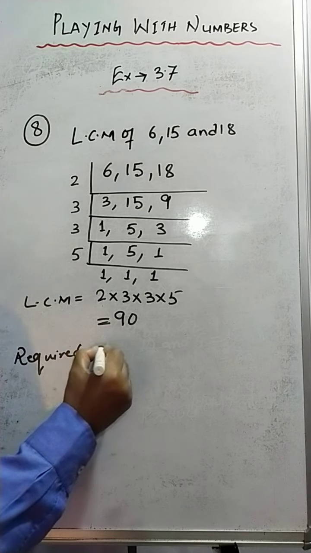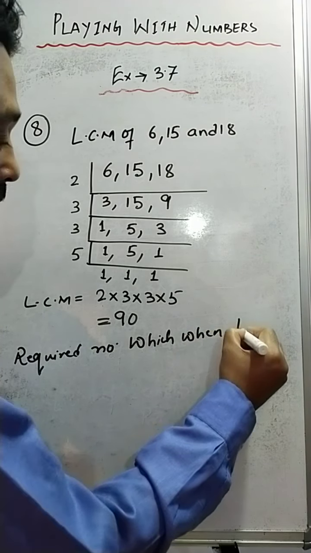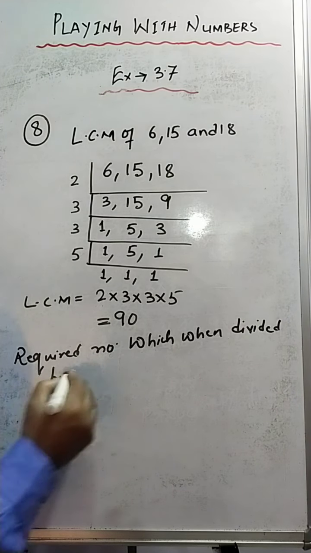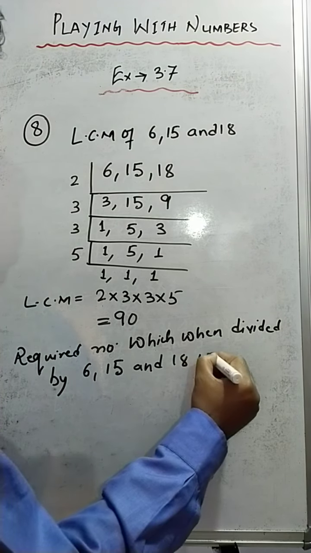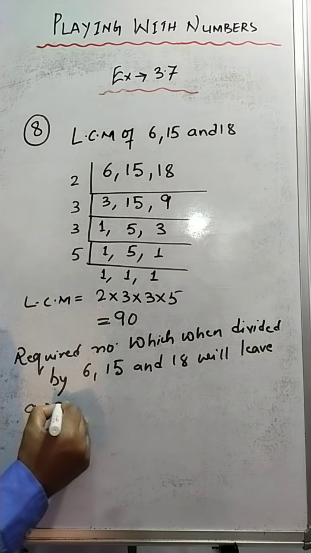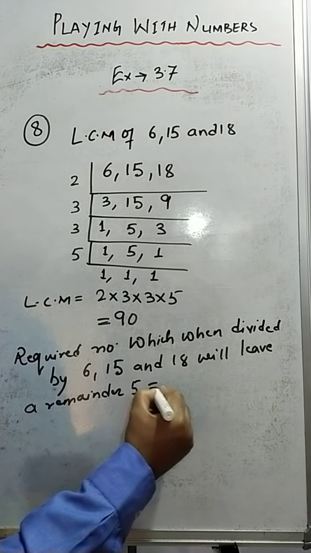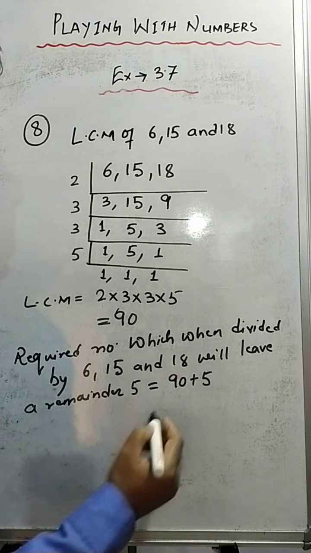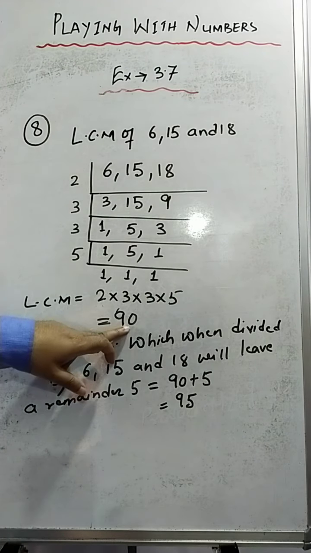The required number, which when divided by 6, 15 and 18 will leave a remainder 5, would be what? This number is completely divisible, so with this number we'll add 5 to it. That means 95.